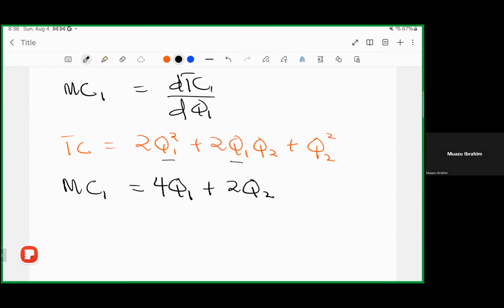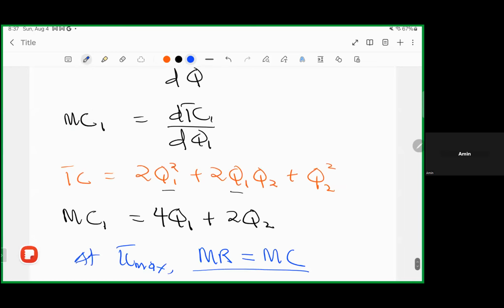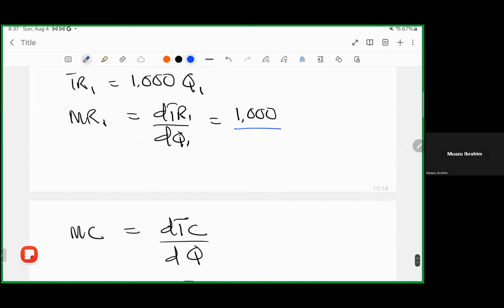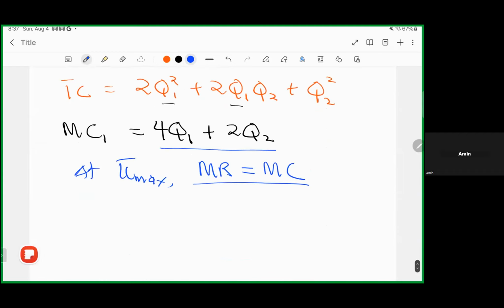So remember, at the profit maximizing condition, marginal revenue is the same as marginal cost. We have marginal revenue as 1,000, and marginal cost as 4Q1 plus Q2.